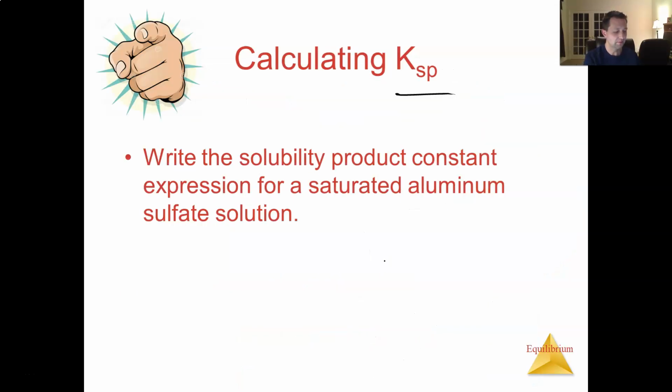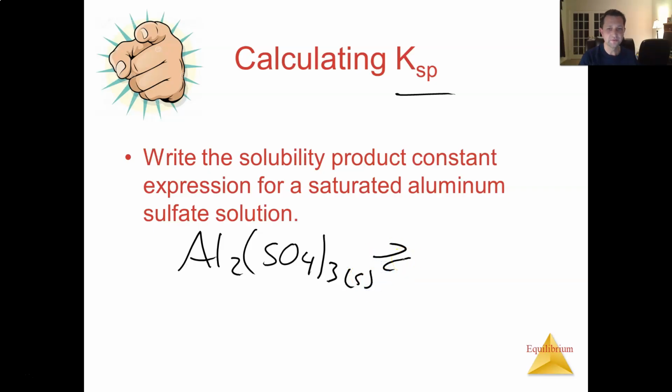Okay. Aluminum sulfate is Al2(SO4)3, and it's saturated, so we have our double arrow. It breaks up into 2 aluminum ions and 3 sulfates. So Al2(SO4)3 solid yields, with our equilibrium system, 2Al+3 plus 3 SO4-2.